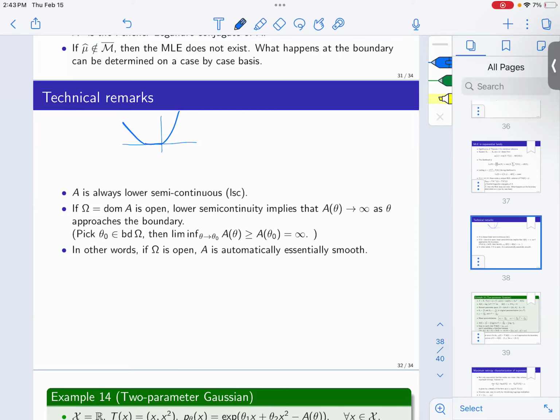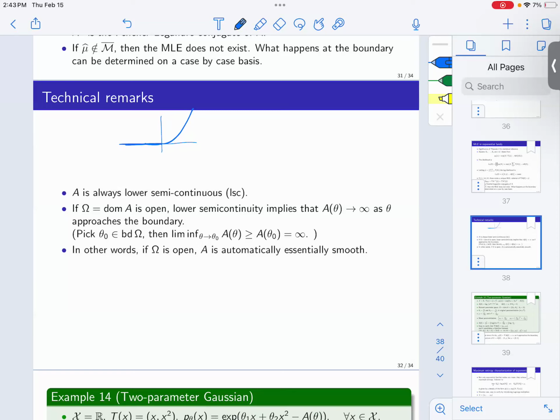This is convex. No, it's quasi-convex. The way that I wrote it is convex. You could have quasi-convex functions, but this one is going to be convex. Fine. You can have convex functions that have flat parts. So for example, this is a convex function, but not strictly convex because it's flat.